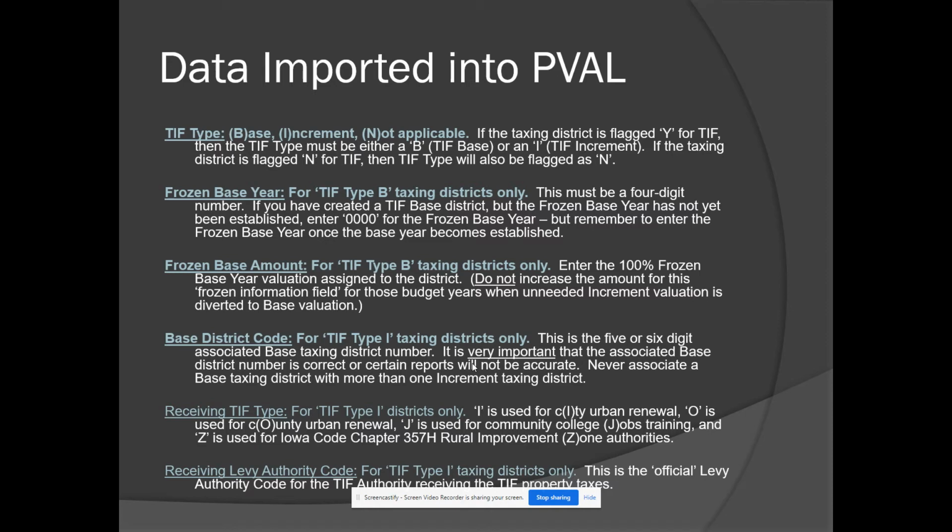Receiving TIF type is used for, I is used for city, O is used for county, J for community college, and Z for rural improvement zone authorities. And then receiving levy authority code, so whatever the TIF type is, you're also going to be reporting who is the actual ultimate recipient. So if the receiving type is I, for a city, then what is the city? Who is the city that's actually receiving those TIF dollars?